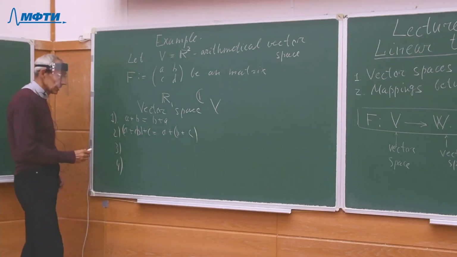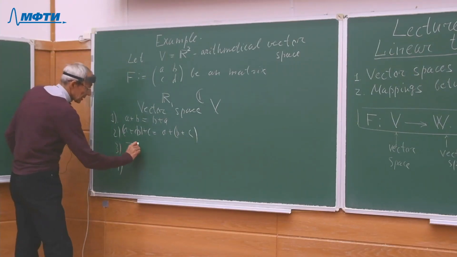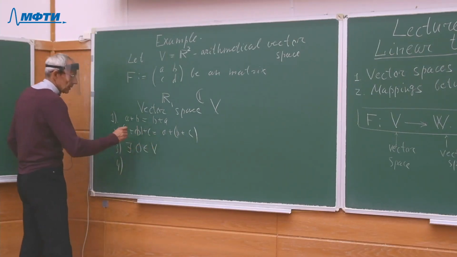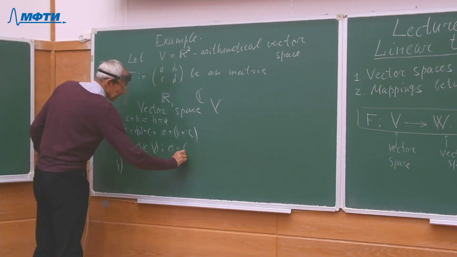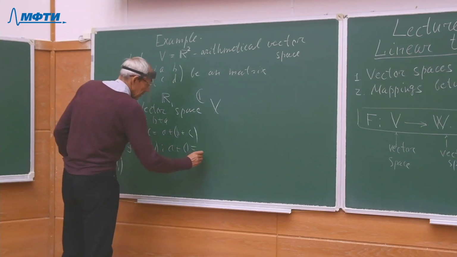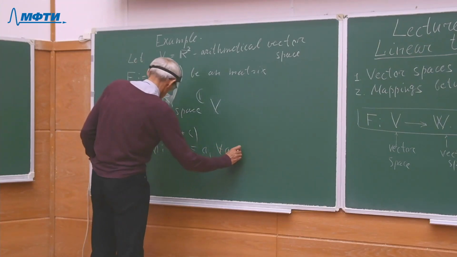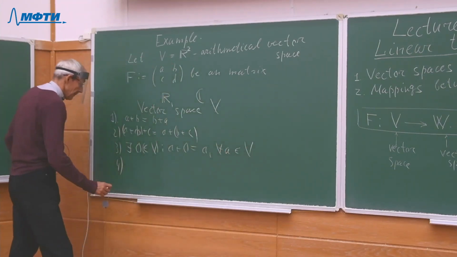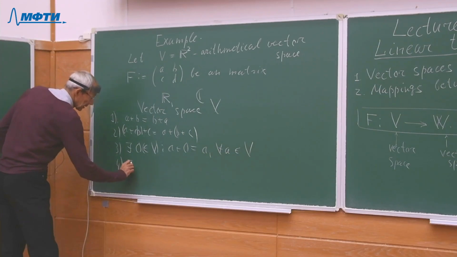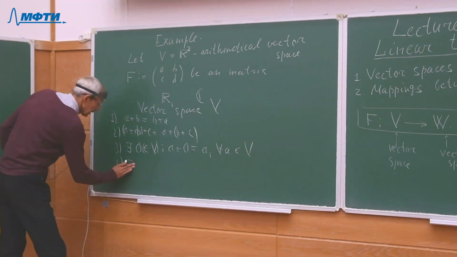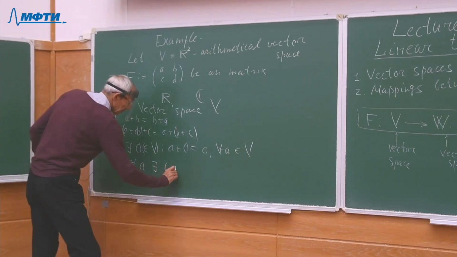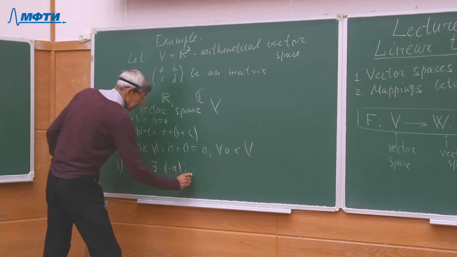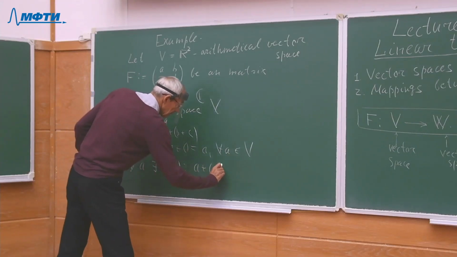Third, existence of zero: there exists an element 0 of the vector space V such that A plus 0 equals A for all A from V. And fourth, existence of an opposite element: for all A there exists an element minus A such that A plus minus A is equal to 0.